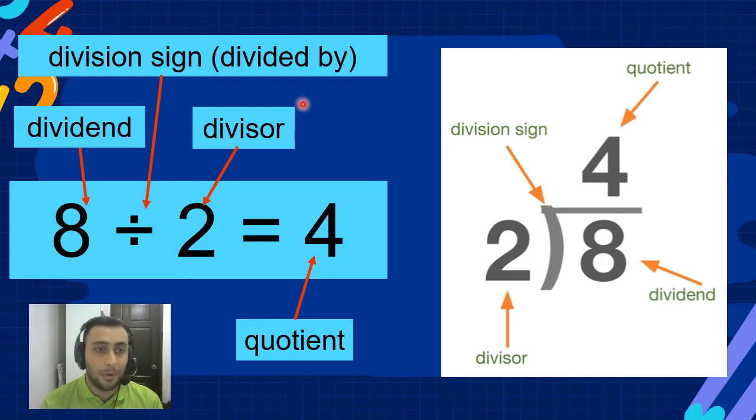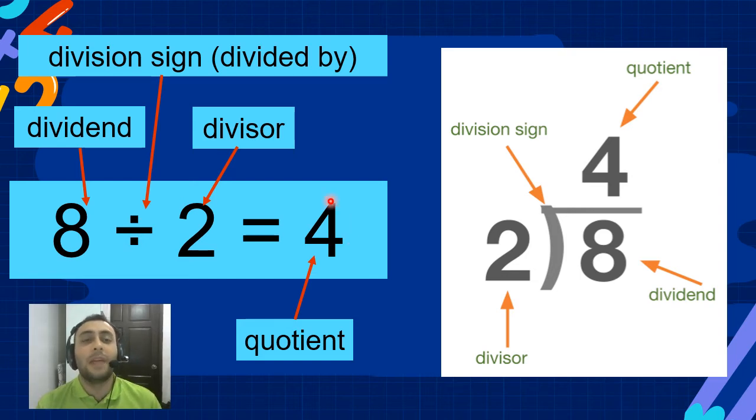For example, when we say 8 divided by 2, it means we want to cut 8 into 2 different pieces which are equal. So, when you cut 8 into half, into 2 groups, we have how many in each one? 4 in each group.